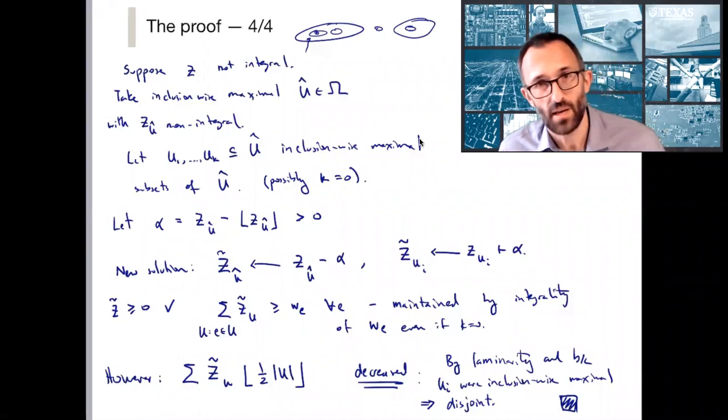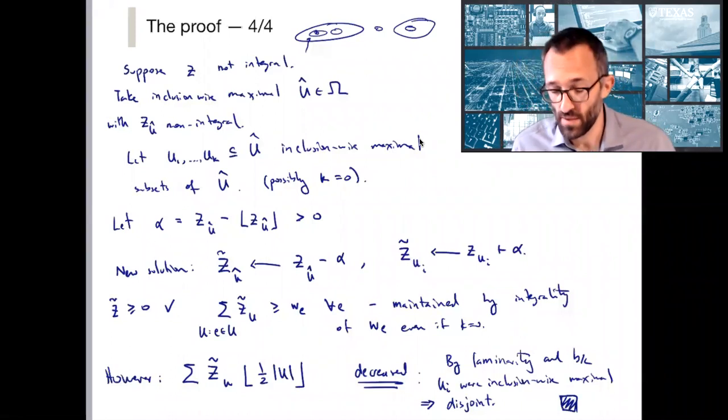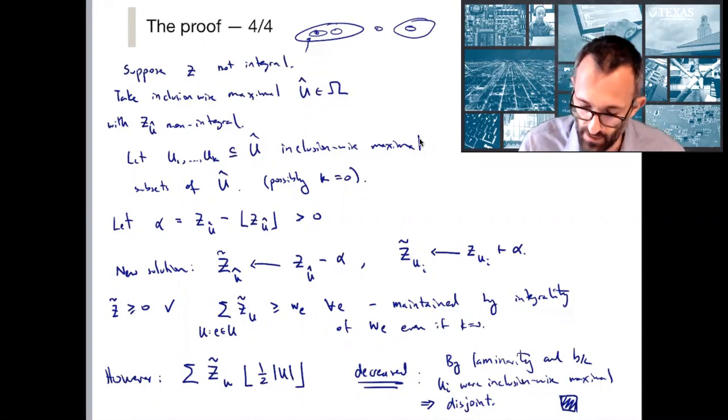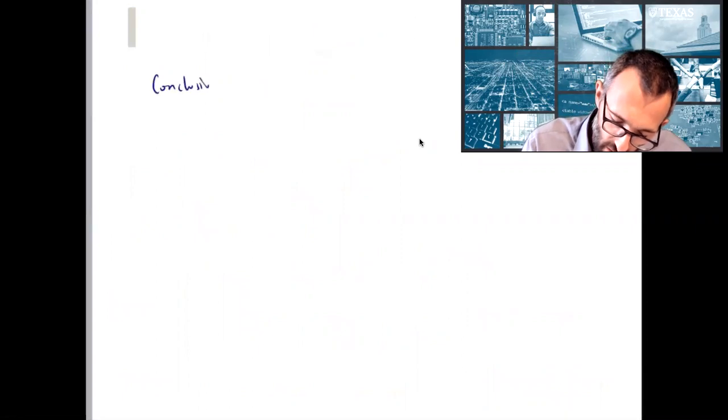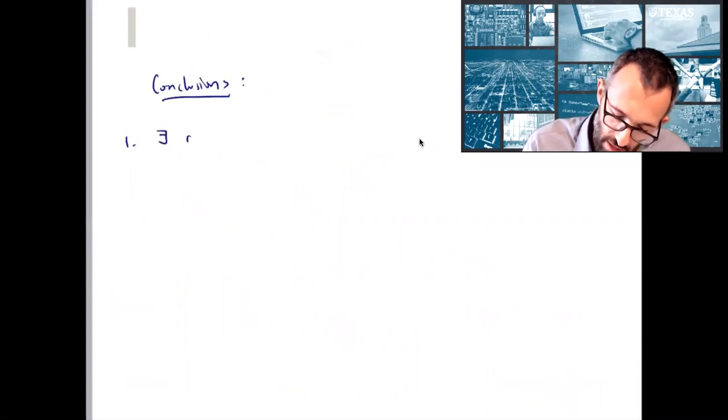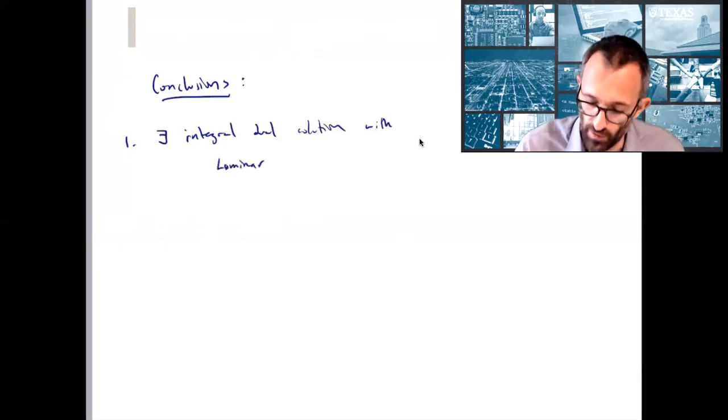So let's actually wrap up. What is the conclusion here? First of all, there always exists an integral dual solution with laminar support. That's exactly the statement of the Cunningham-Marsh formula or theorem.